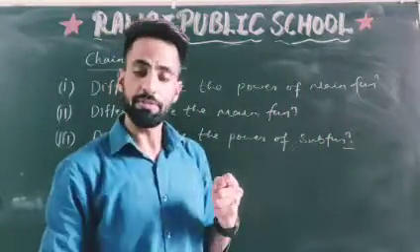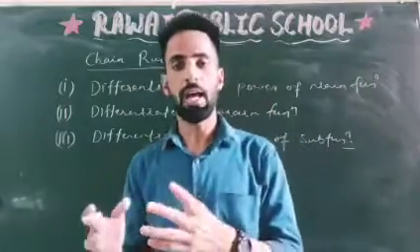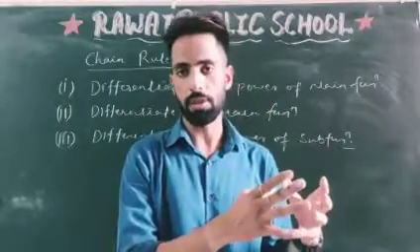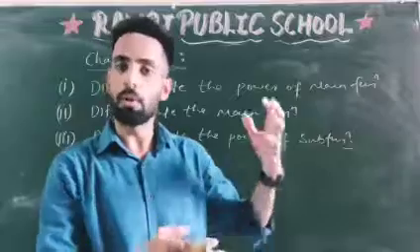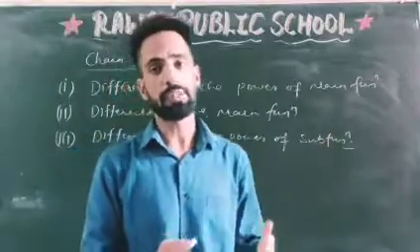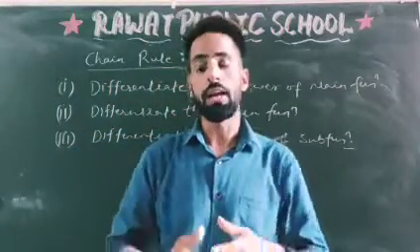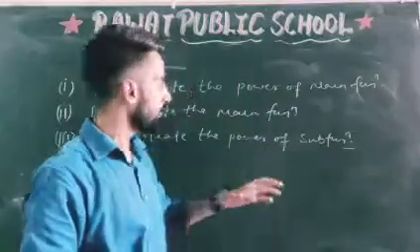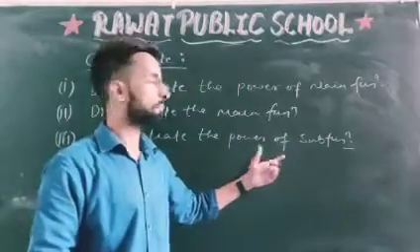Every differentiating function would have one main function and one subfunction. Subfunction can be more than one, but there would definitely be one subfunction. And if that subfunction has a power, you will differentiate the power first of all.